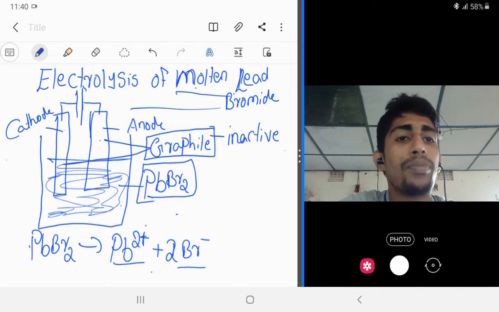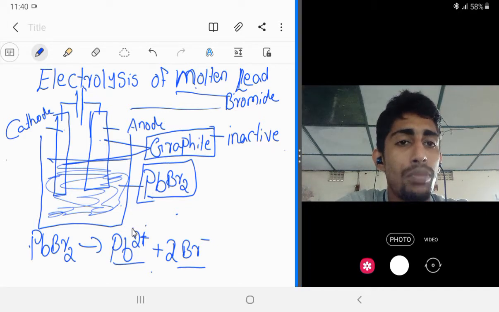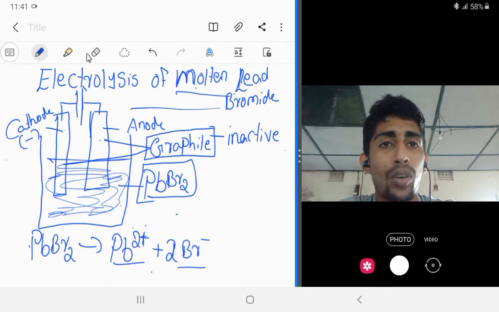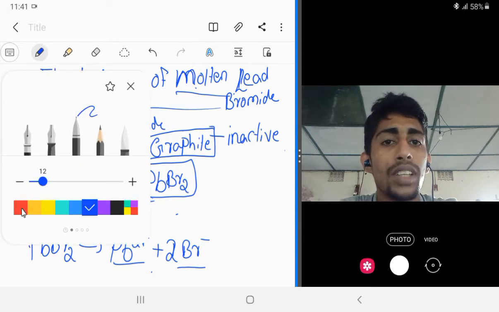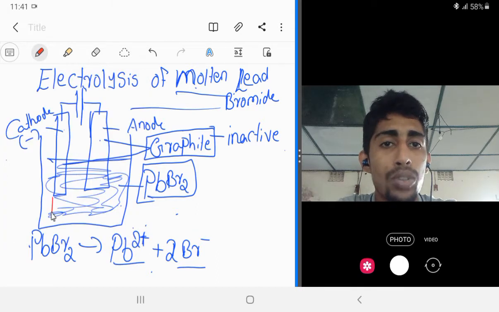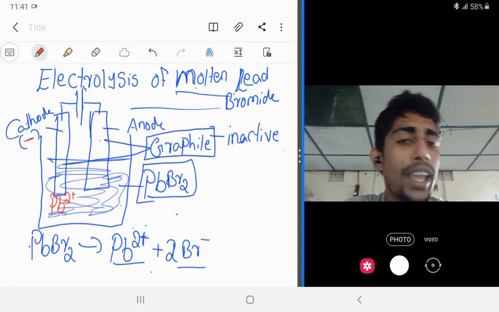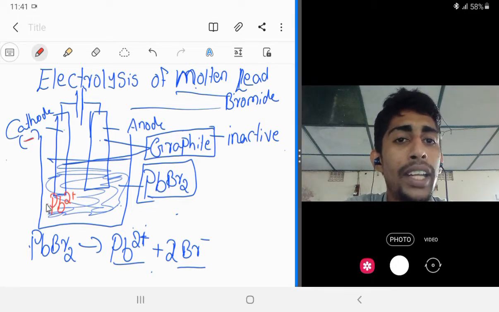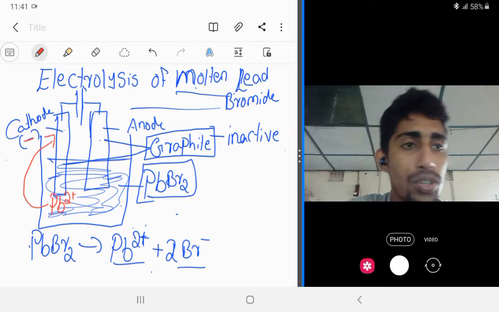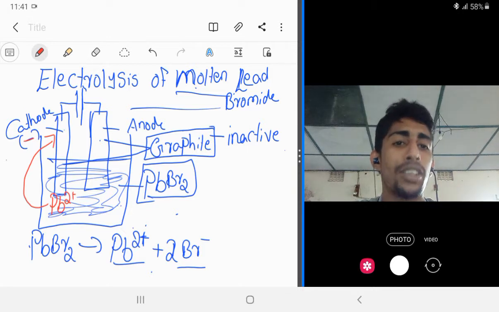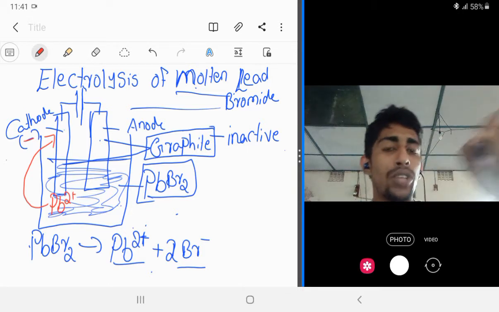The positively charged cation needs more electrons. The positively charged Pb2+ needs electrons. The cathode has excess electrons, so the positively charged lead ions will move to the negatively charged cathode, meaning cations will move to the cathode.